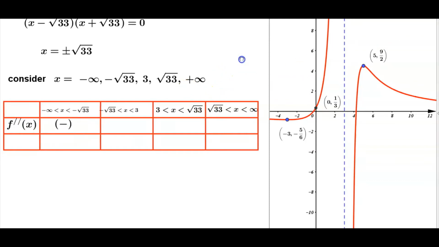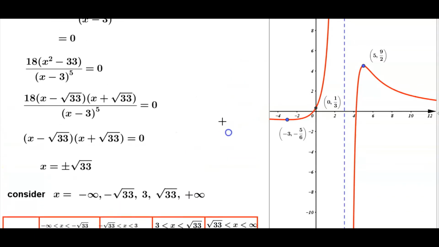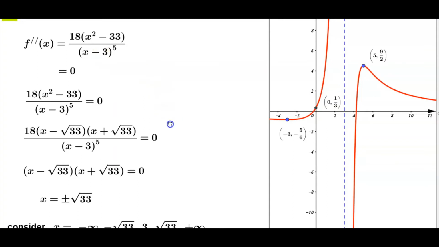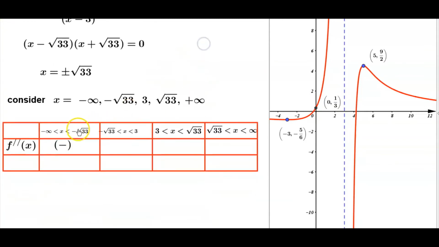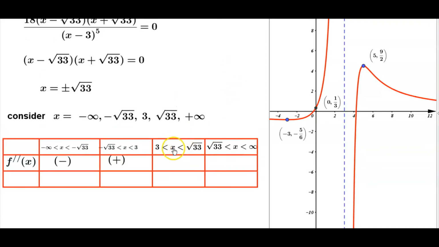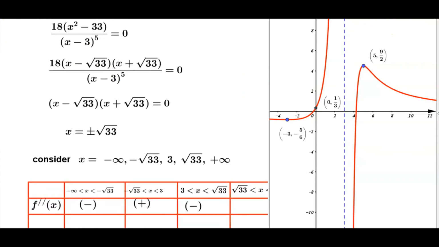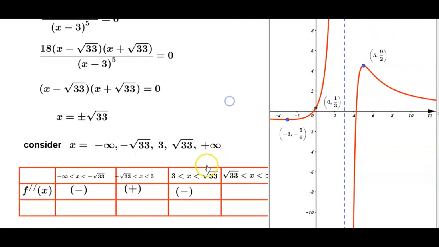Here f double dash x is minus. Now look here, f double dash x is minus. When you substitute one of the values here, f double dash x is plus. When substituting one of the values between 3 and root 33, f double dash x is minus.